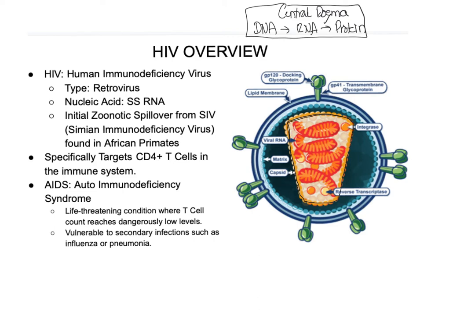It's a bunch of proteins that create this kind of capsid structure. And then it has an envelope. And an envelope is mainly composed of a lipid membrane. And similar to a cell, there are these different envelope proteins, such as GP120 or GP41, that are found on the envelope of this virus.